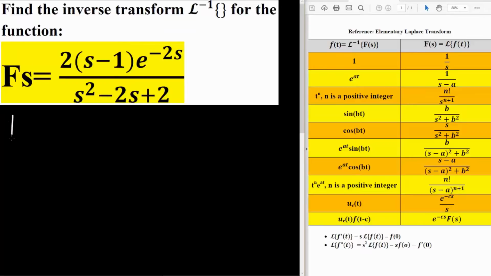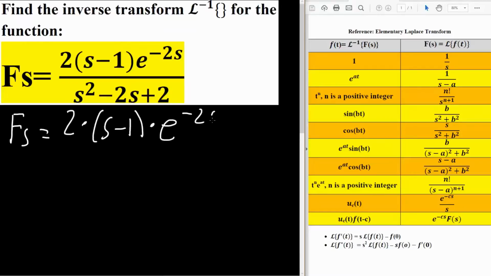And so we can say that F(s) is equal to, so the numerator we'll keep the same for now, 2 times (s minus 1) times e raised to negative 2s. But the denominator, what we typically do for these inverse transform problems, is we focus on s squared minus 2s.